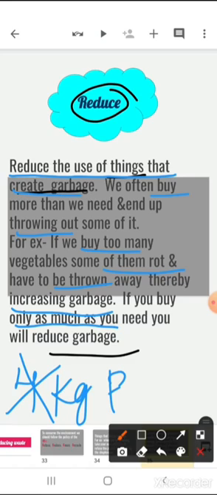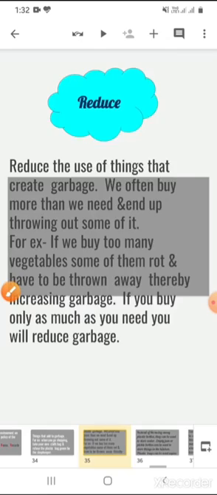We only have to buy as much as we need. We are not here to create garbage. We are helping the environment by reducing the garbage. So we only have to buy the things we need in a sufficient quantity. Understood? Reduce.